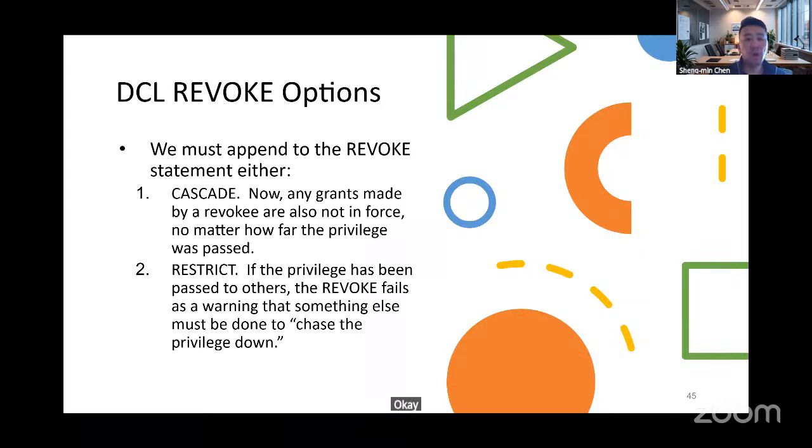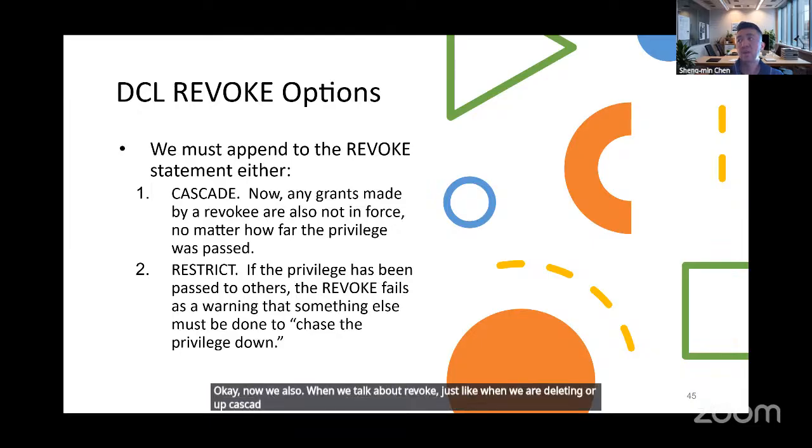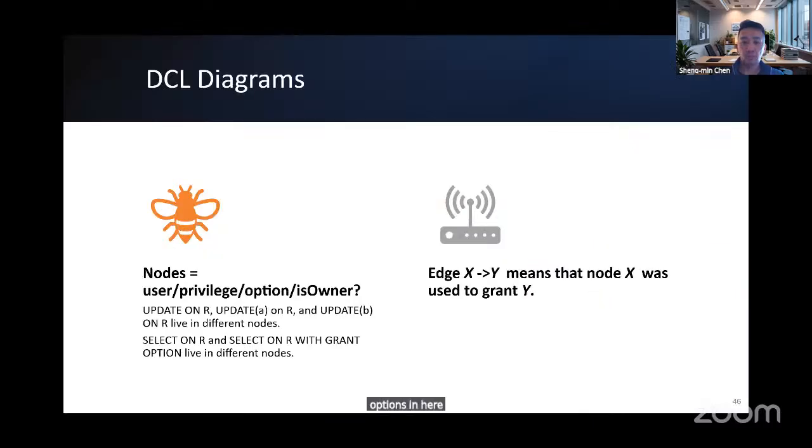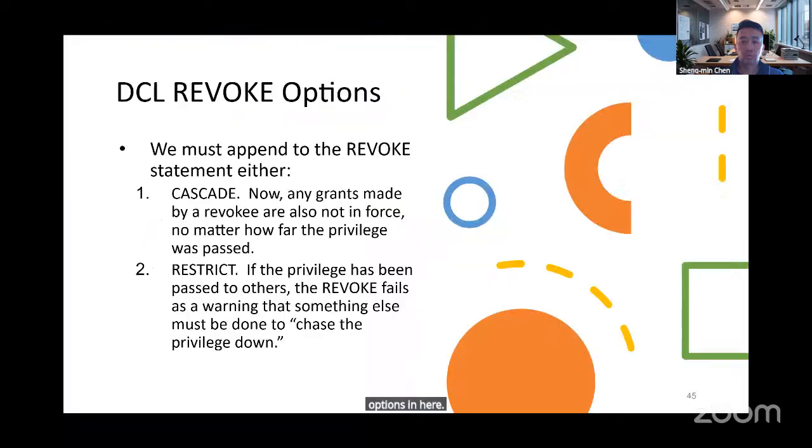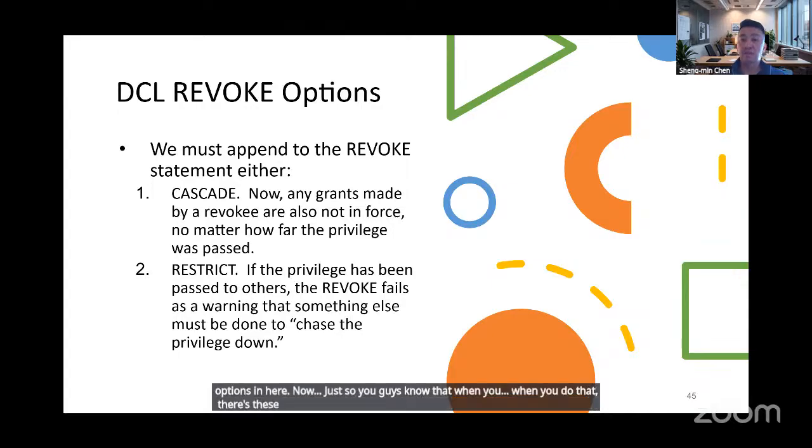Okay, now when we talk about revoke, just like when we are deleting or updating with foreign keys using cascade, there are also cascade and restrict options here. Just so you guys know, when you do that, there are integrity concerns involved.